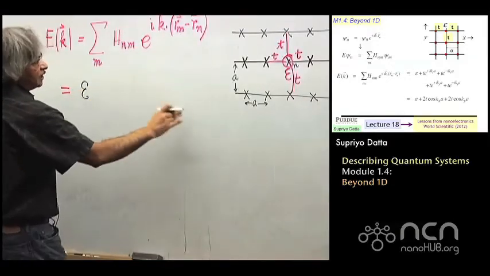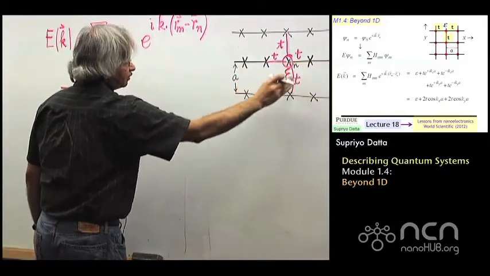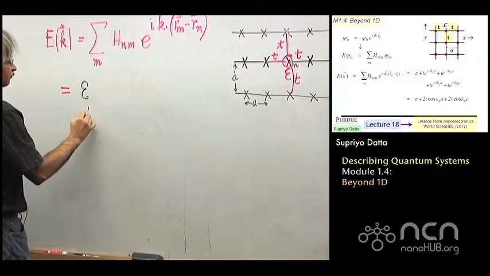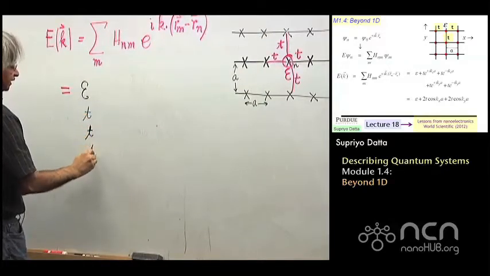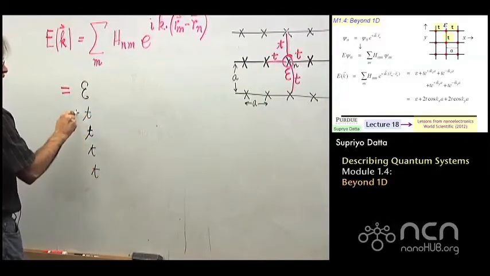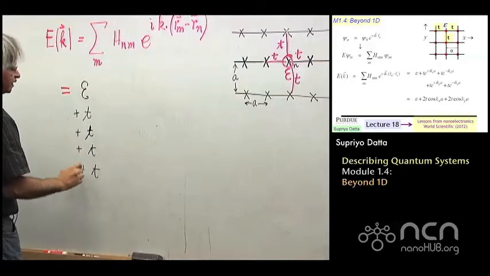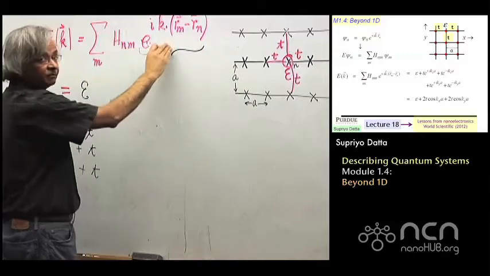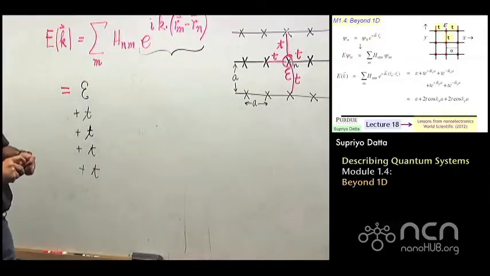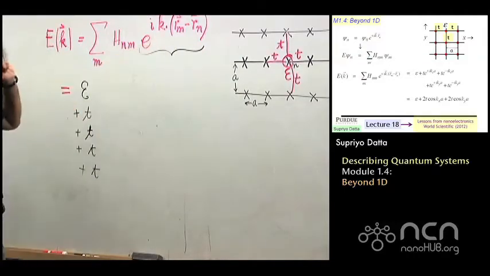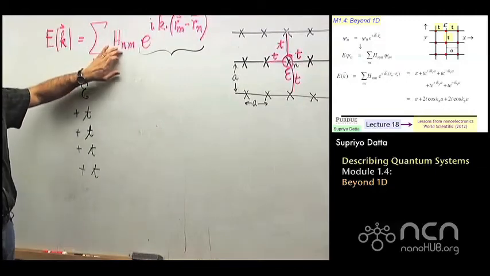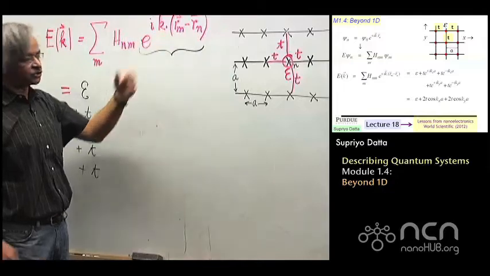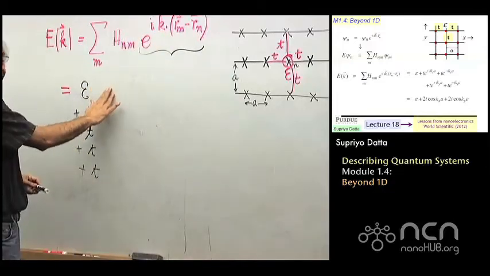And then if m happens to be on the right or below or above or here, I'll have a t. So there'll be 4 terms which will have a t in there. And each one of these, of course, will have a different phase factor, the one that comes from this term. And that's what we need to talk about, exactly what that is. So the first one, m is equal to n, and so Rm is equal to Rn, so the phase factor is just 1. So this is simple, there's nothing there.